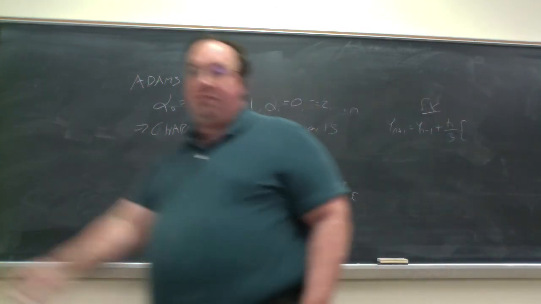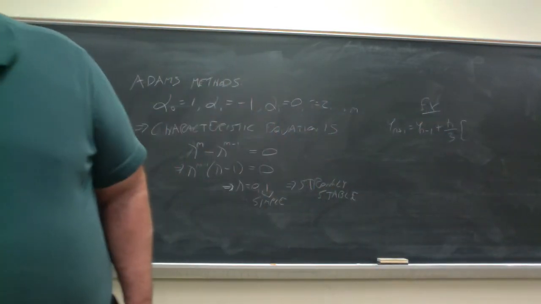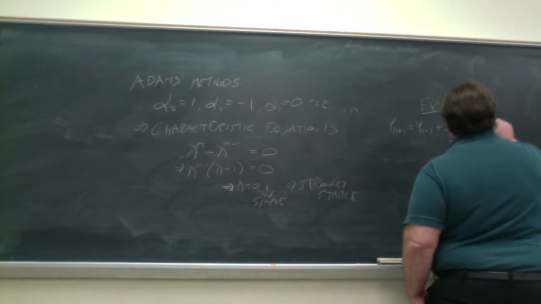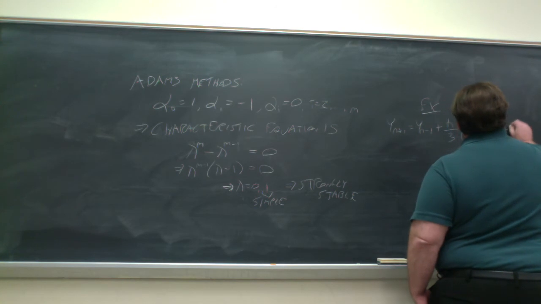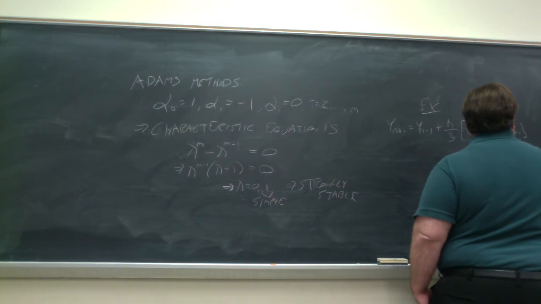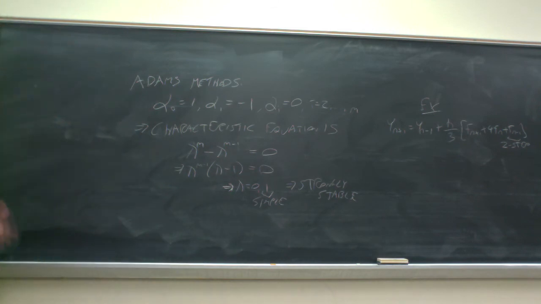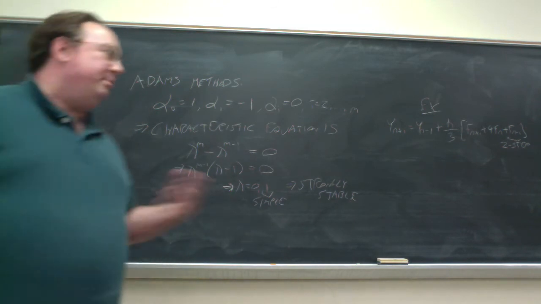Make sure I'm writing it down correctly. Okay, so it's an implicit method, and it's a two-step method. Because we go back to n minus 1, any method that goes back to time t_{n-1} is a two-step method, if that's where it stops. If it goes to n minus 2, it's a three-step method, and so forth.